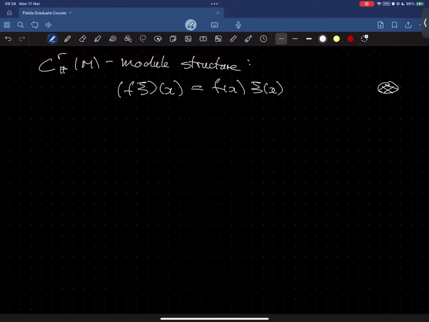So I think what I want to do now is talk about a very important example of a vector bundle, namely the tangent bundle. We'll talk about the tangent bundle for more than a few minutes.